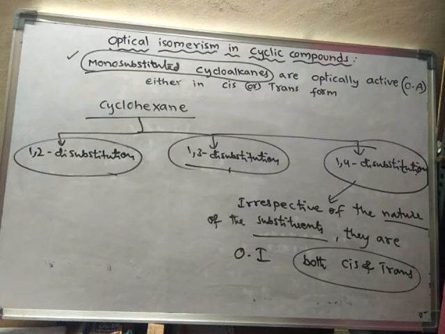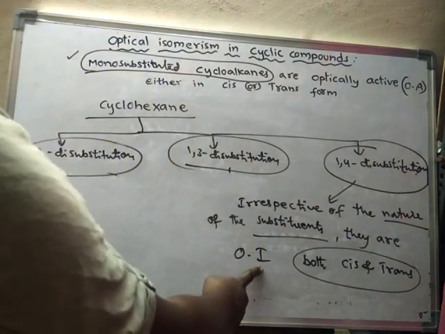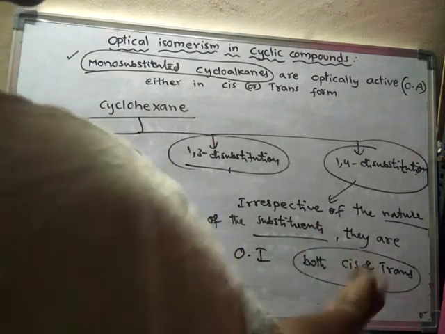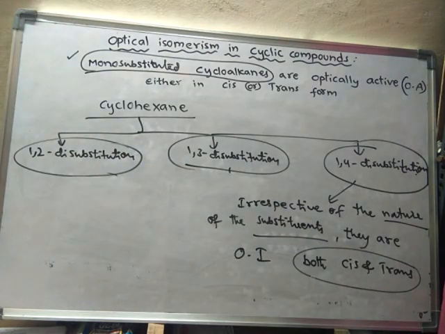We don't consider the nature of the substituents. Irrespective of the nature of the substituents, if there is 1,4 disubstitution on cyclohexane, then that 1,4 disubstituted cyclohexane is always optically inactive, both in cis form and in trans form.